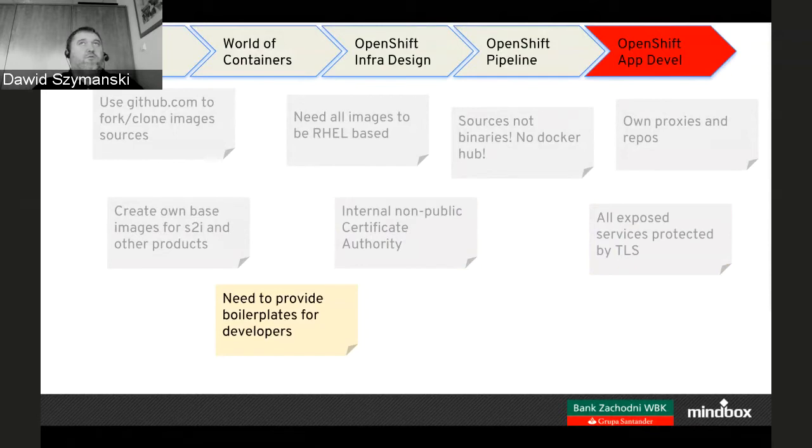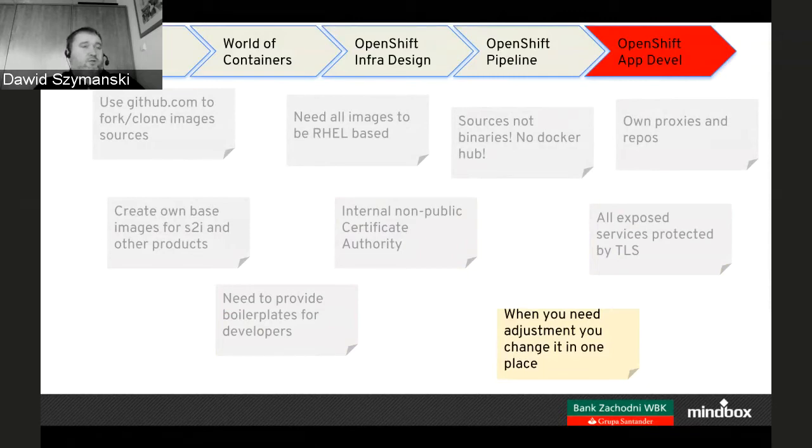He doesn't need to look on the internet for the runtime environment for his application. And because we have our own images, at first we have our base Red Hat image, then based on this, we have a Red Hat Enterprise Linux image, which has, let's say, our certificates. We have Java and JavaScript images.